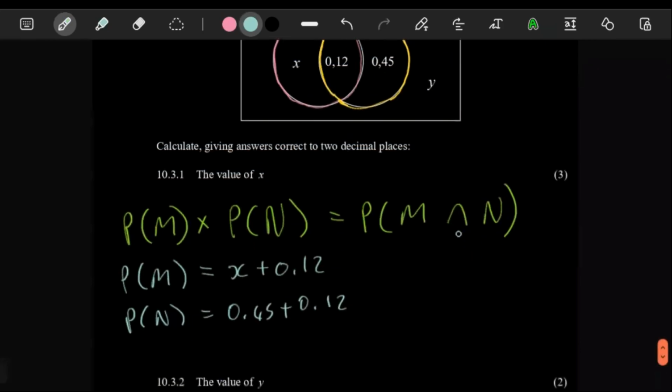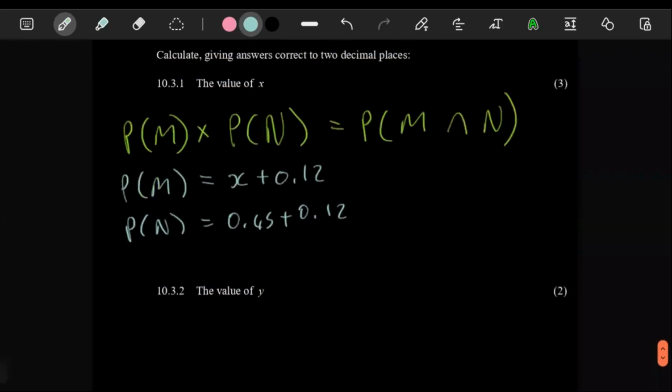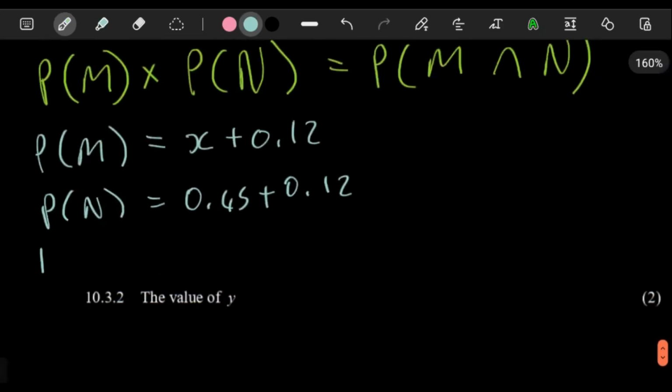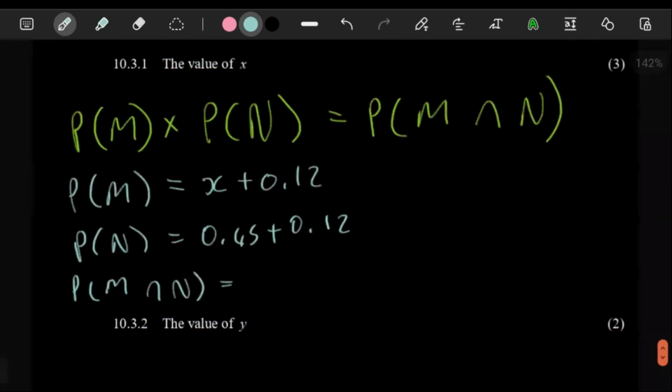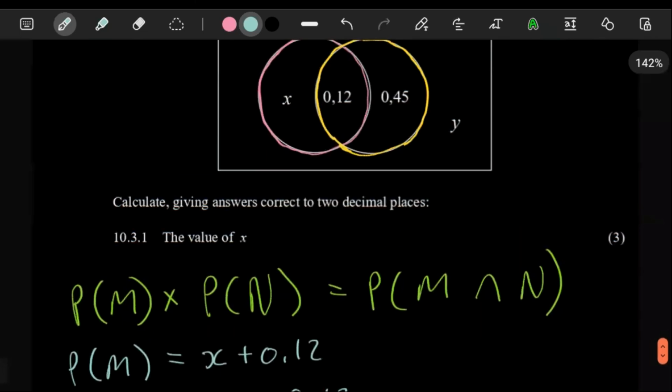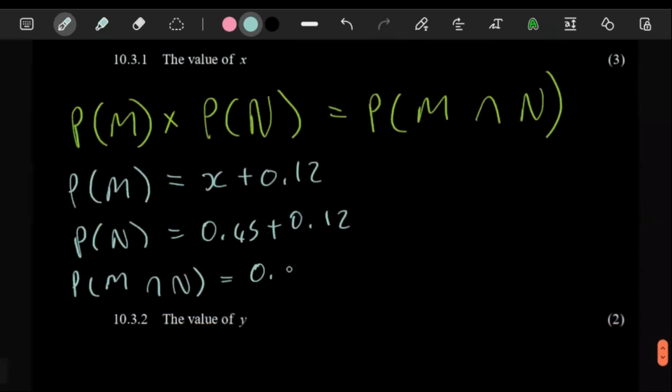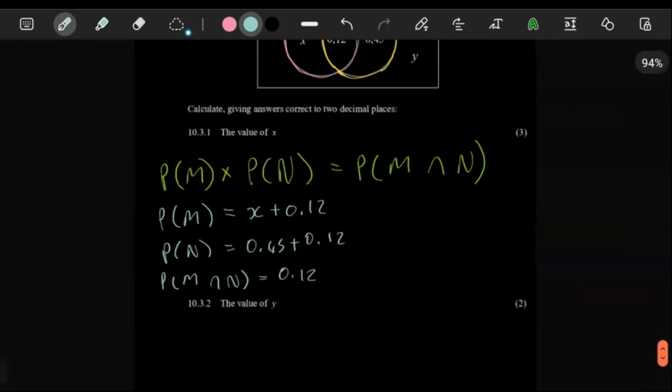And then the probability of M and N, according to our Venn diagram, is just 0.12. That's the 0.12 over there.